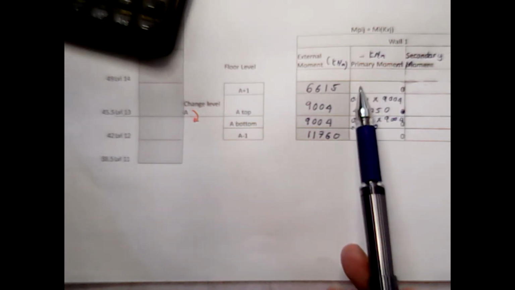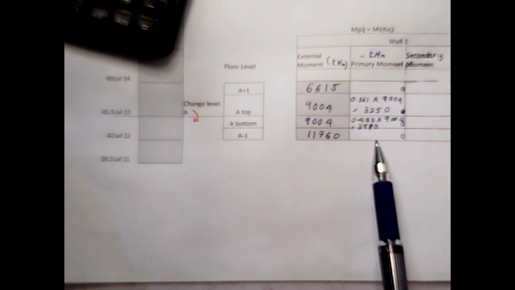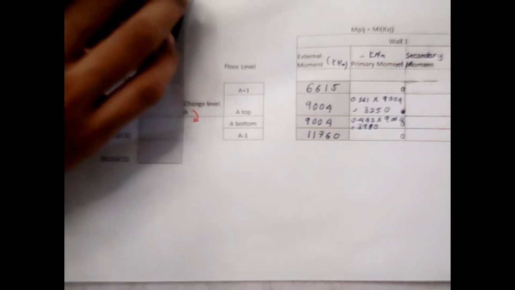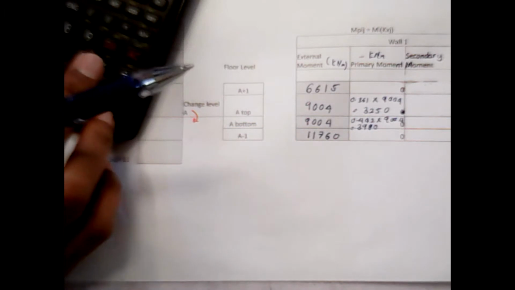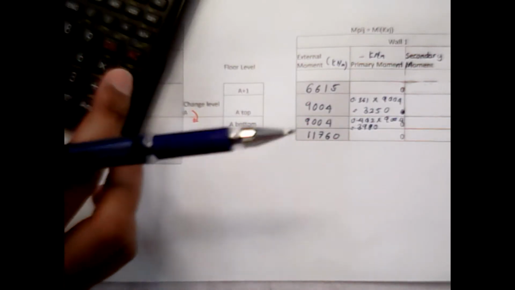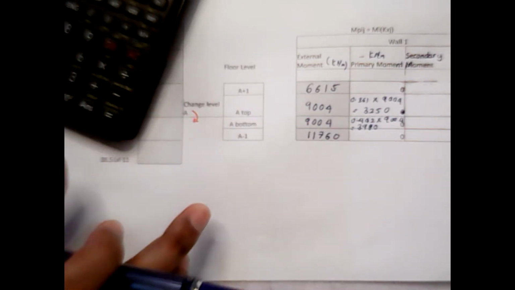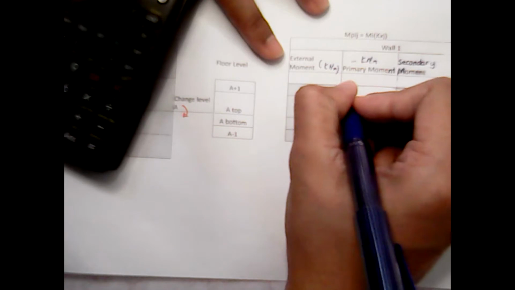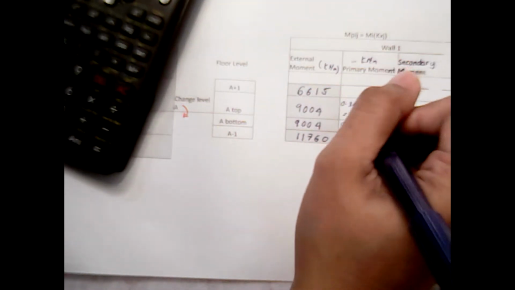The distribution factor at above and below, which is at the A plus 1 level, can also be calculated similarly. So here, 6615 times the top region factor of 0.361 gives you 2388 kilonewton meter.